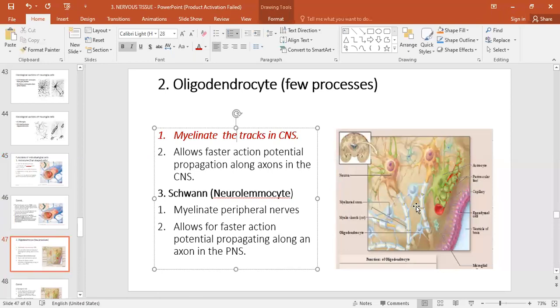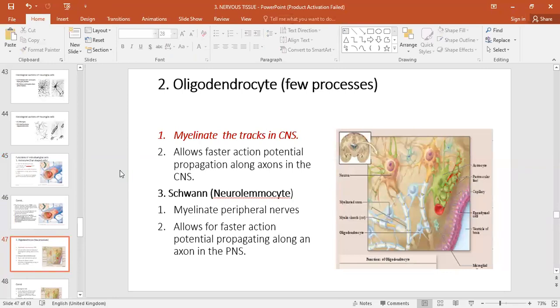So you may have few oligodendrocytes, but the number of neurons they are going to myelinate is a lot. Therefore, in terms of number, we have few oligodendrocytes, but what they cover is all large axons within the central nervous system, that is brain and spinal cord.